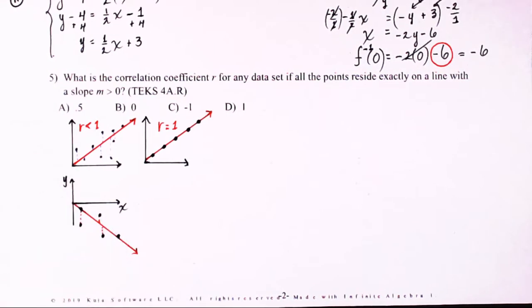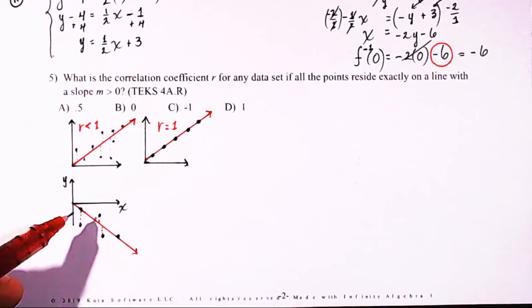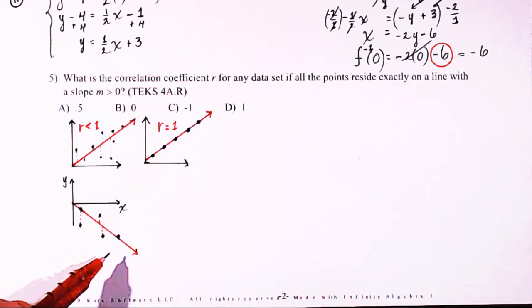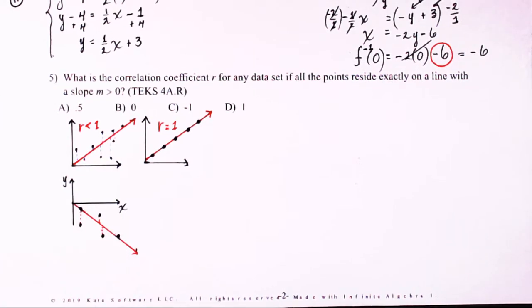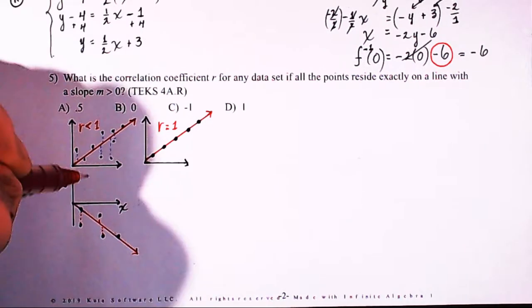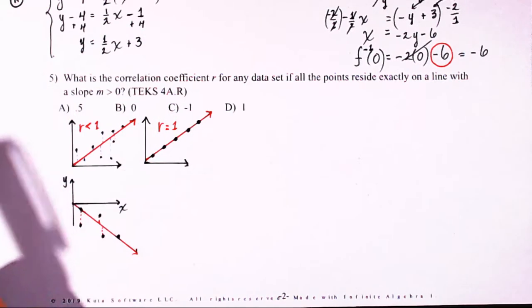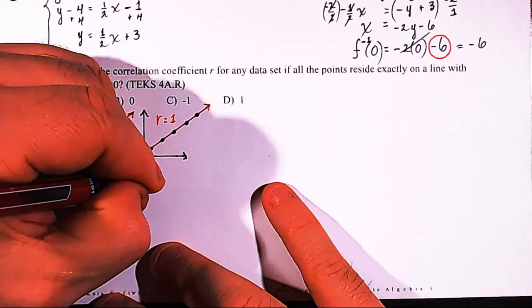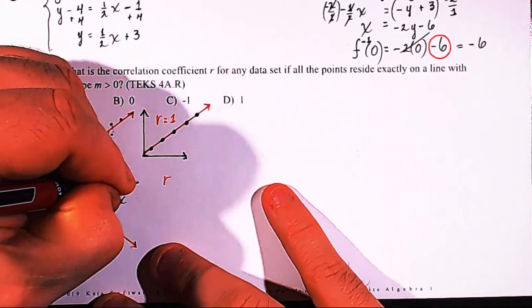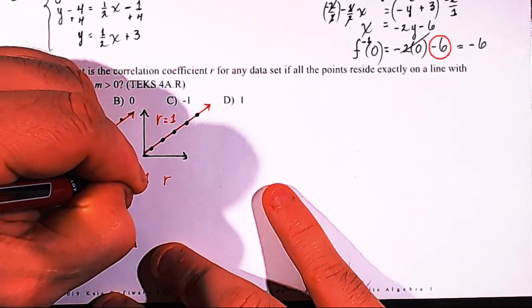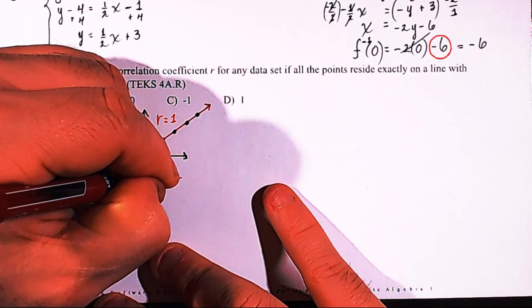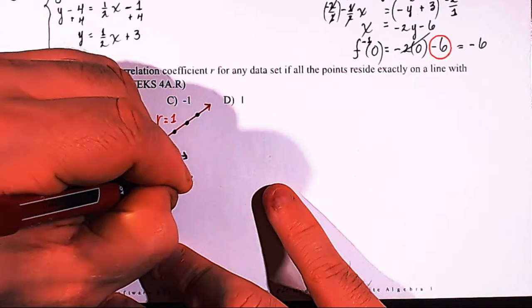Now, a perfect fit on the negative side would be -1. It can't be more negative than -1 or more positive than +1. So R is always going to reside in -1 ≤ R ≤ 1.